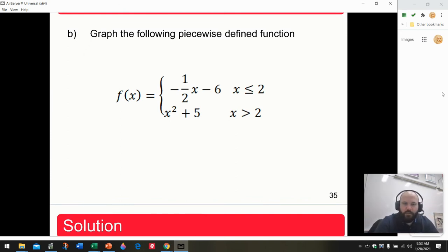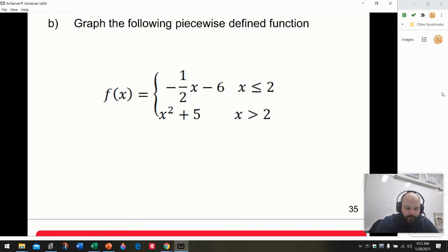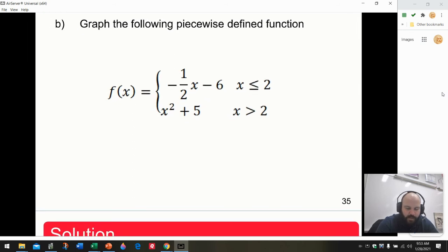Okay, so what we are going to do is graph the following piecewise defined functions. So this is how I would normally explain this. I would not graph both of them separately and then take the two chunks away. I would put them in one graph right away like this.